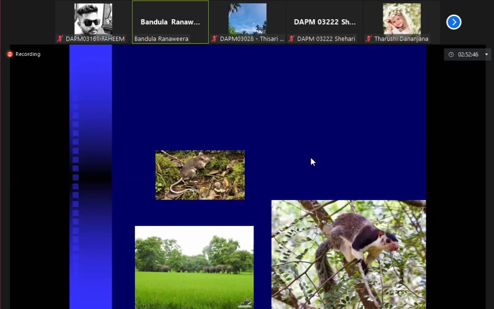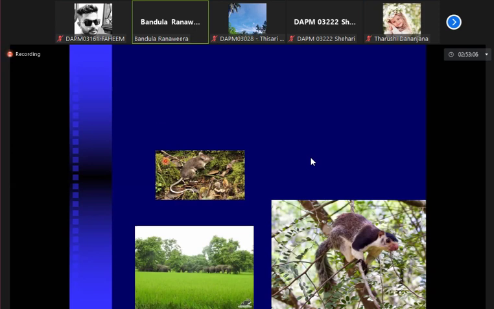So, when an animal is named as the national animal, then there are restrictions on destroying it. But it is a serious pest in some locations. So a good looking animal, but a pest.